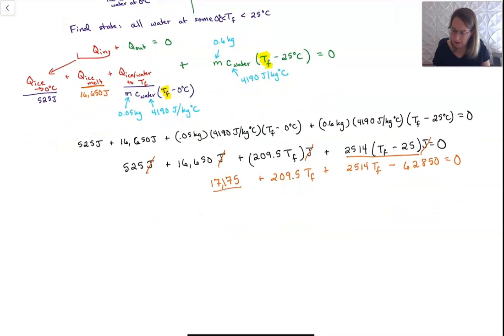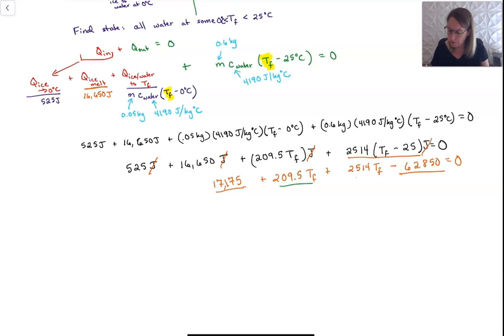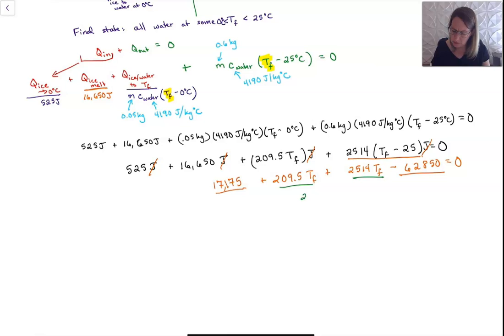Notice that when I add this to this, I get a negative number. That's good because we're going to take it to the right-hand side of the equation here. And then I can add these two terms. What I get is 2,723.5 T final minus 45,675 is equal to 0.